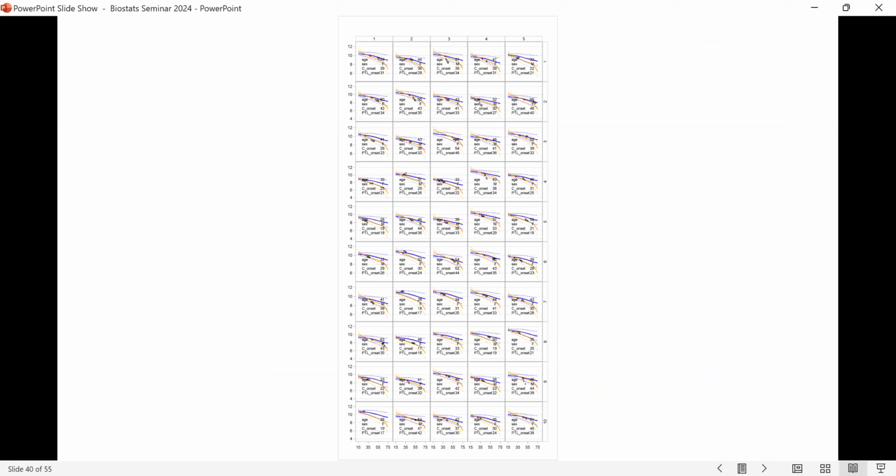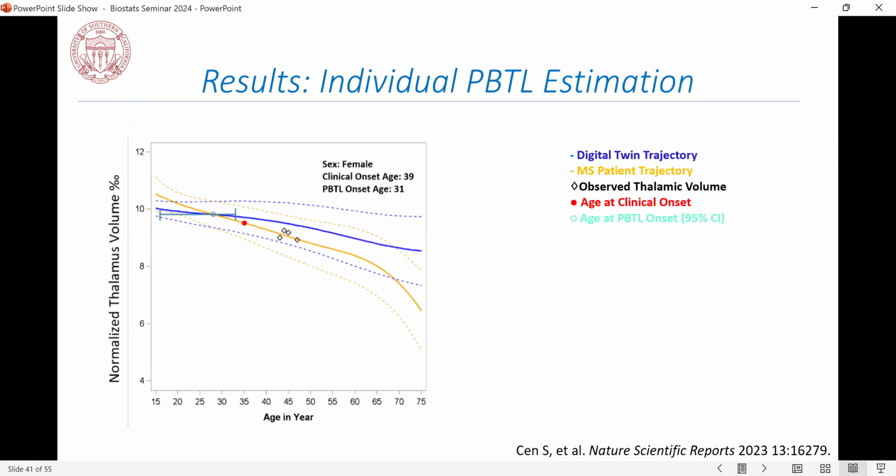The final model we picked, we apply to the 50 independent testing data. If you zoom in, this is the healthy reference line, and the yellow is the trajectory for MS. You can see that in the majority of cases, the predicted line for MS crosses through the observed data.